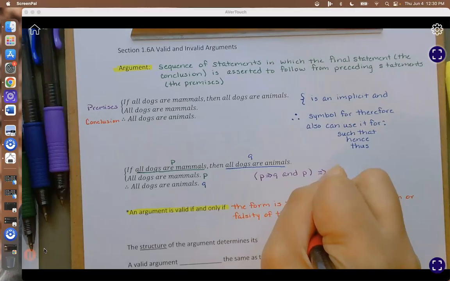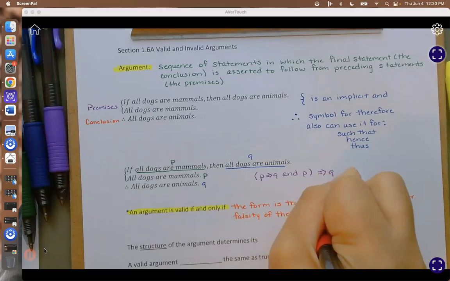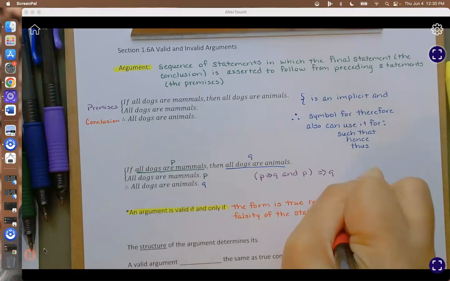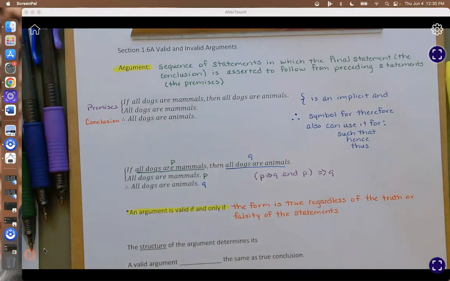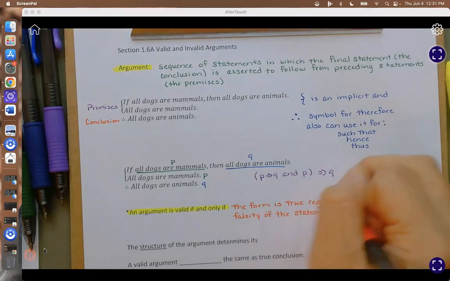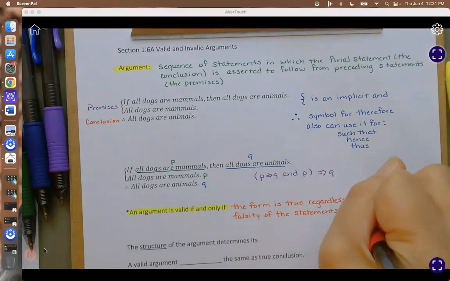So that means the argument has to meet a certain form to be valid. It doesn't have anything to do with whether the statements are true or false. Truth value and validity are two separate things, and that's really hard for people to wrap their minds around.